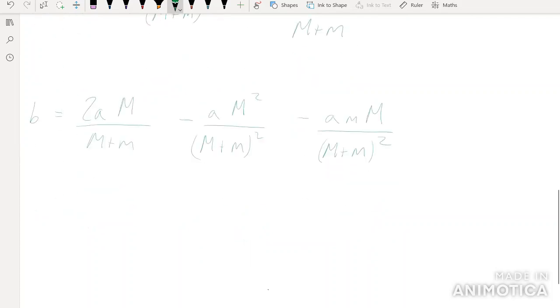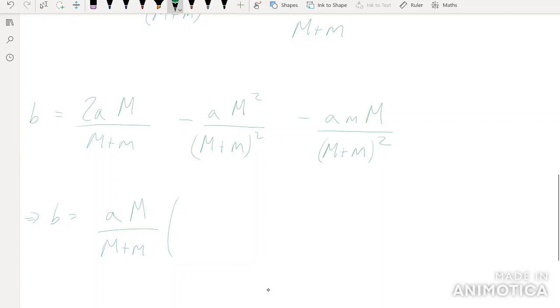And that looks like we can simplify a bit by taking stuff out. So if we just say B is equal to, well, what can we take out of everything? We can take out an A, we can take out an M, we can take out an m plus m. And what are we left with?